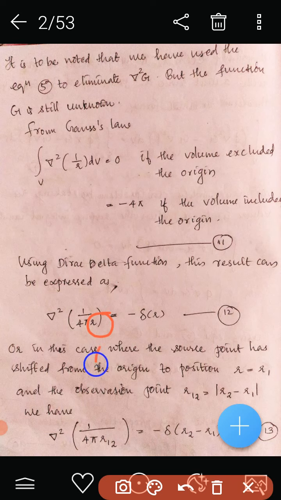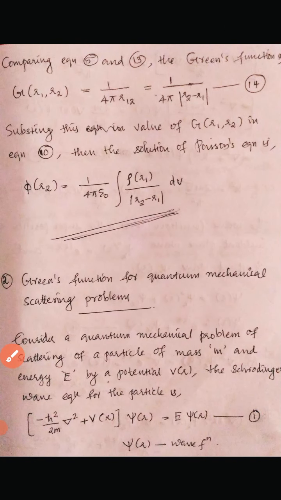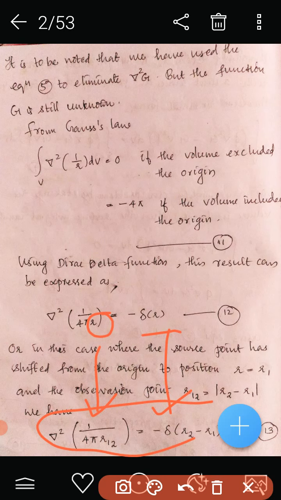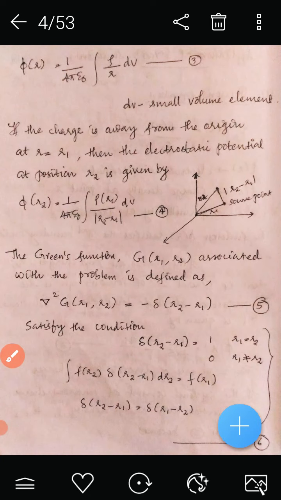Then we can change this equation as del square 1 by 4 pi r12 is equal to minus delta r2 minus r1. So comparing equation 5 and 13, this is our equation 13 and this is equation 5.